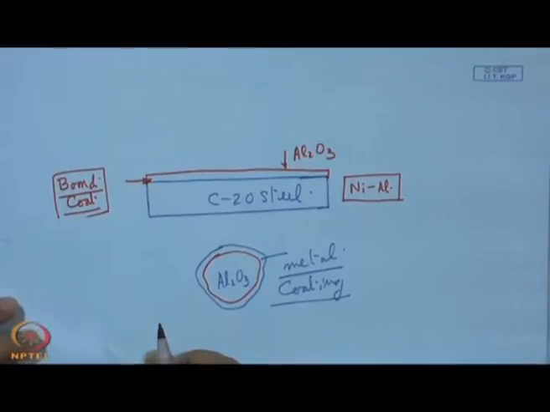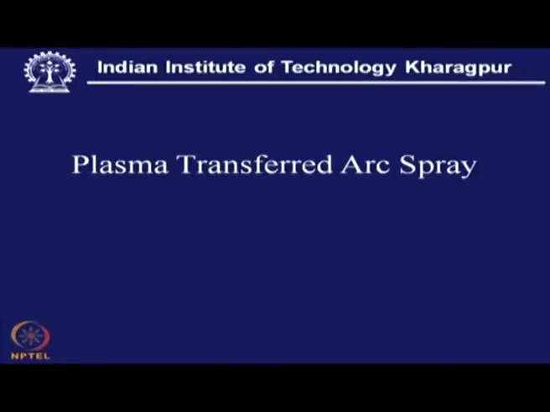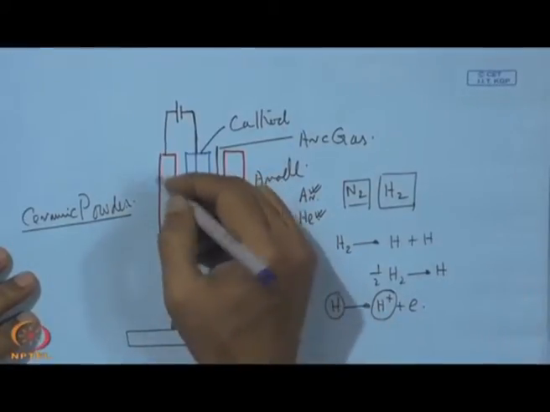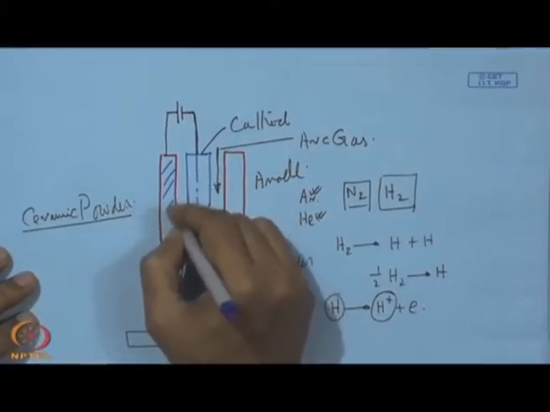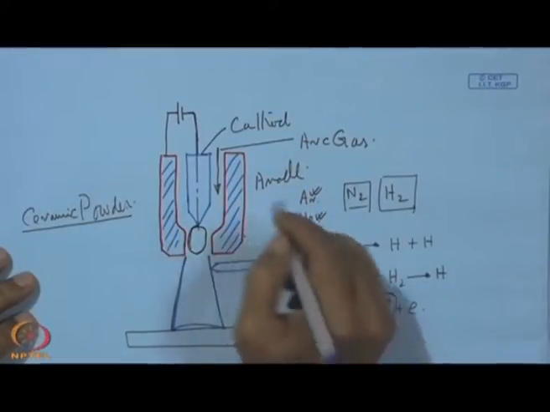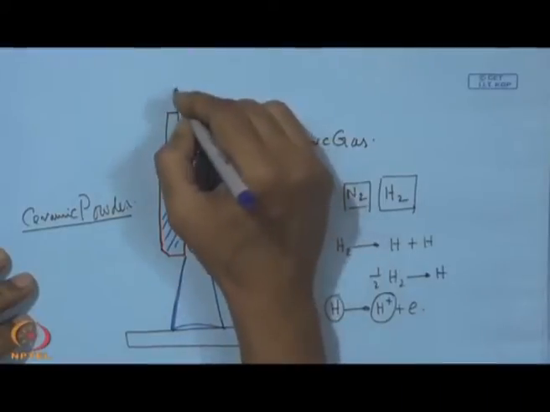So, here what we see is called transferred arc spray. Now, what we have shown in this diagram, this is the copper nozzle, and so we have direct polarization. So, it is a DC.